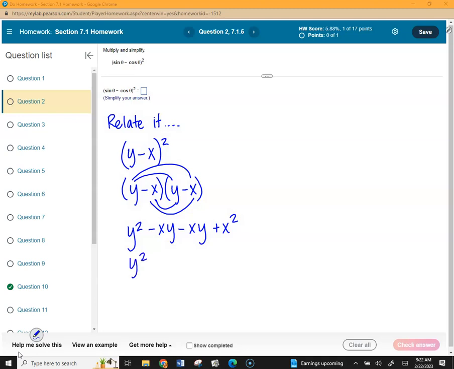So you got y squared minus 2xy plus x squared. Yours is going to go the same route. Then you got to go back and throw in your trig functions. So this was actually sine squared theta minus 2 sine theta cosine theta plus cosine squared theta.